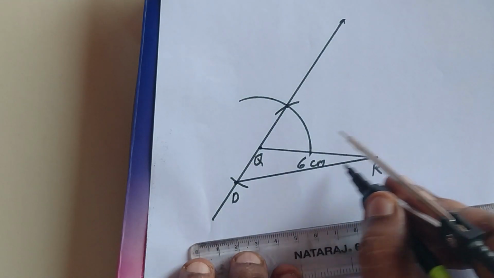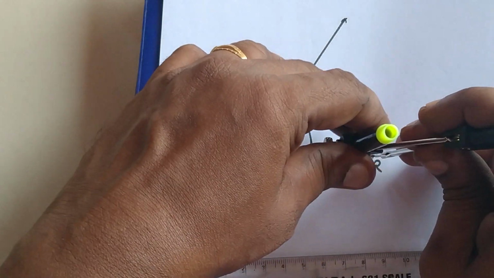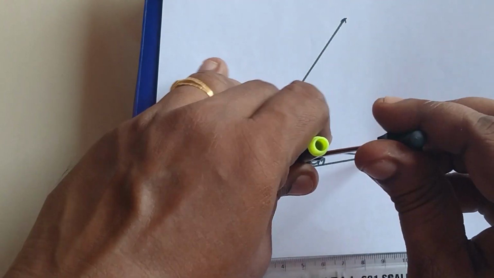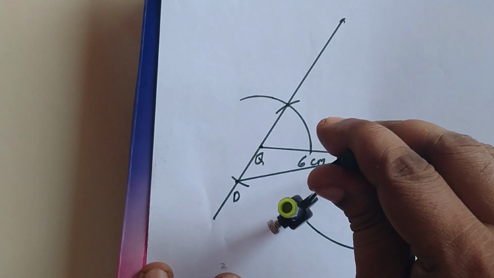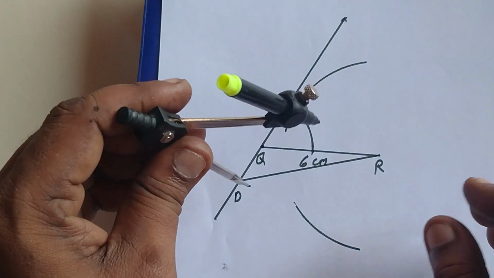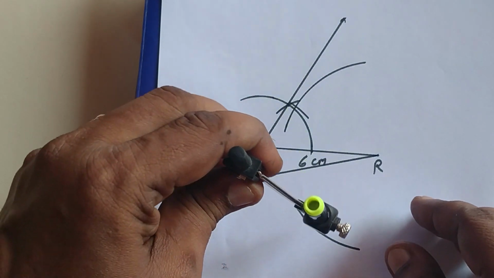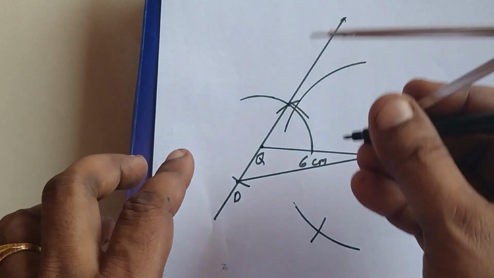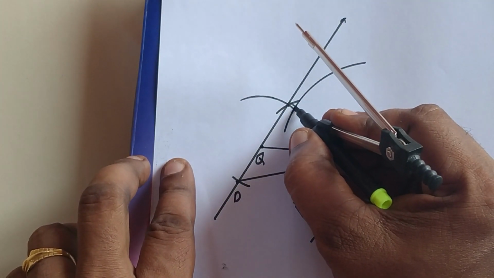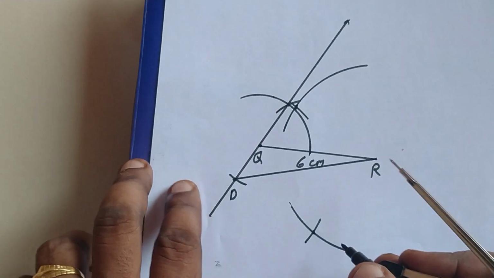Now take perpendicular bisector of this. It is intersecting here. Here. Now join them.